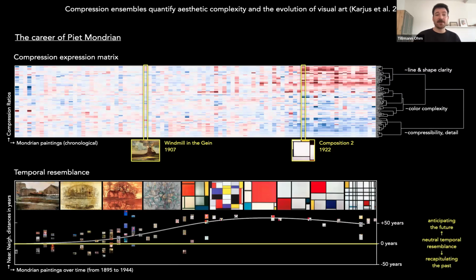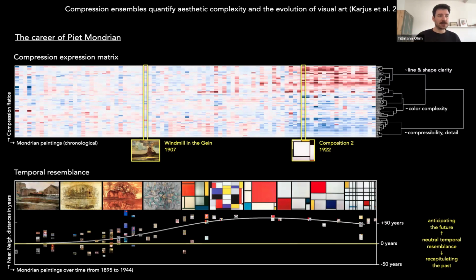We also used the method to model artist careers based on temporal resemblance, in order to investigate how innovative their work was, at least within the compression space. Using visual similarity, we measured the time gap between a given artwork of an artist and its 100 nearest neighbors by other artists.